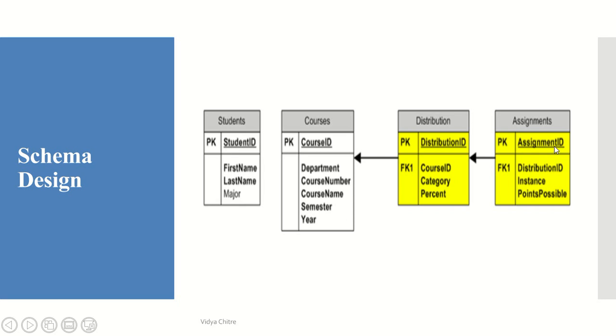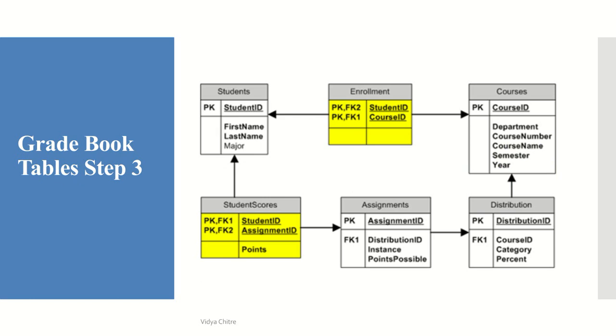Lastly, we need to deal with the many-to-many relationships. Each of these involves two tables. For each many-to-many relation, we add a new table relative to both the tables that are related, and include as foreign keys the primary keys of the two related tables and make that the primary key of the new table. Also add any attributes that are part of the relation. Now we have two many-to-many relations.